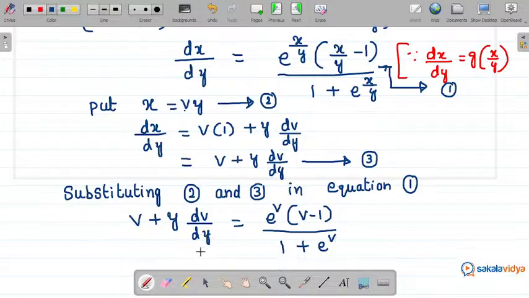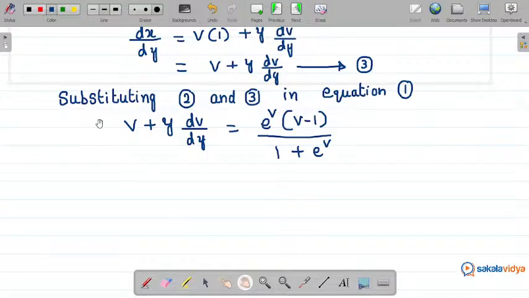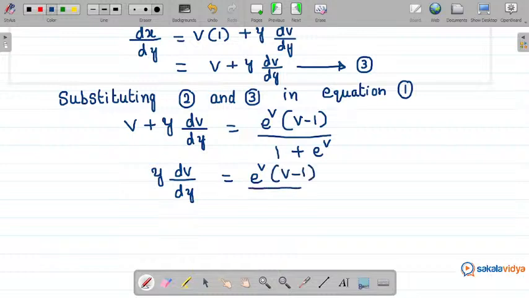Now let us transpose v to the right hand side. Then y dv by dy is equal to e power v into v minus 1 divided by 1 plus e to the power of v, minus v. Very simple. Let us take the LCM, that is 1 plus e power v.